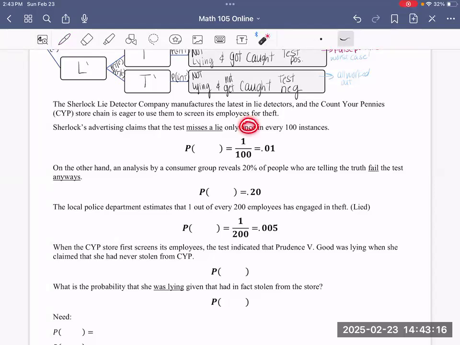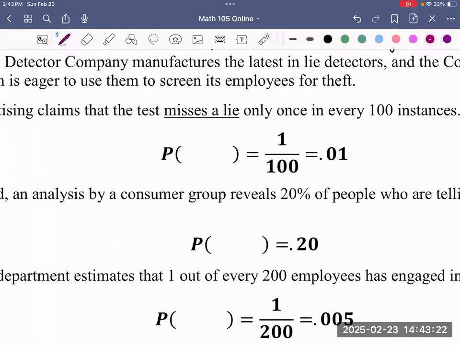So 1 out of 100 instances, they are missing a lie, meaning that the test failed. It did not catch you. Therefore, this is testing negative given that a lie has occurred. You lied and you didn't get caught. That's why we missed the lie.